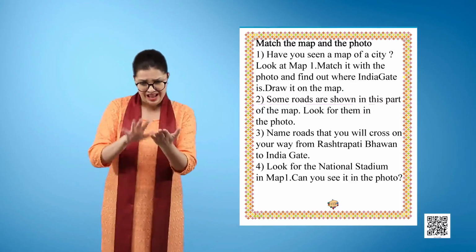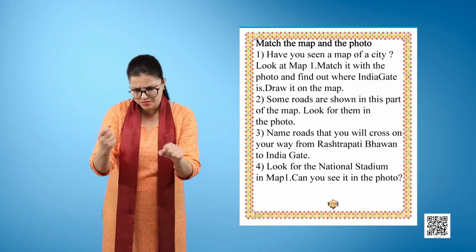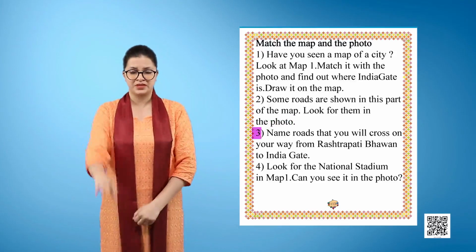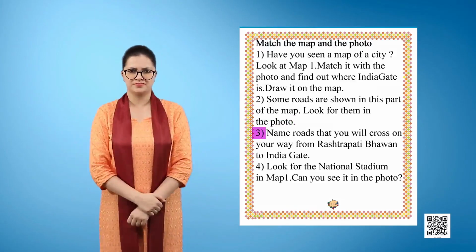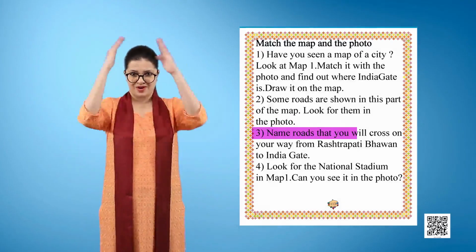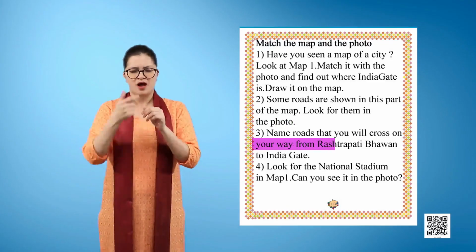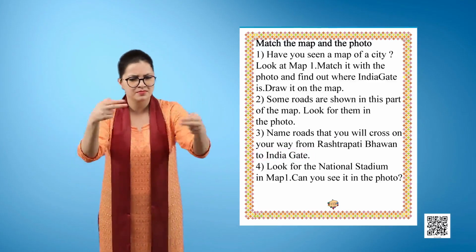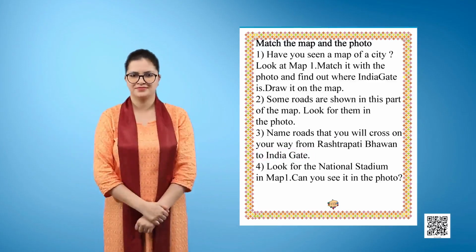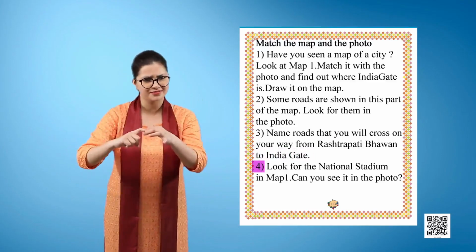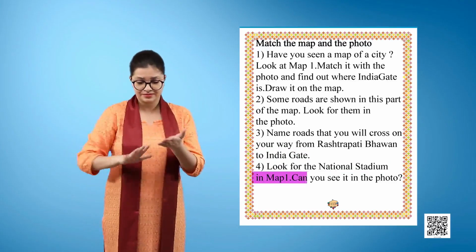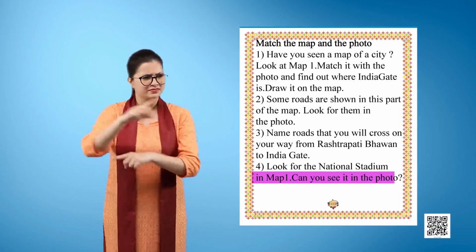Look for them in the photo. 3. Name roads that you will cross on your way from Rashtrapati Bhavan to India Gate. 4. Look for the National Stadium in Map 1. Can you see it in the photo?